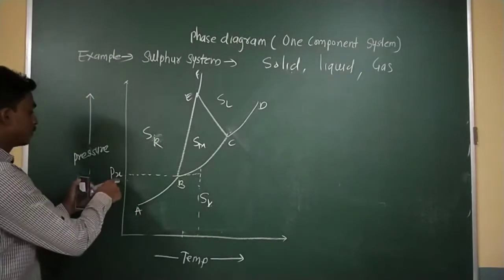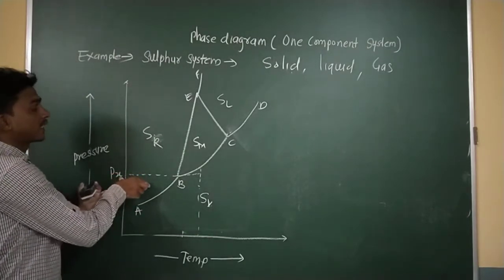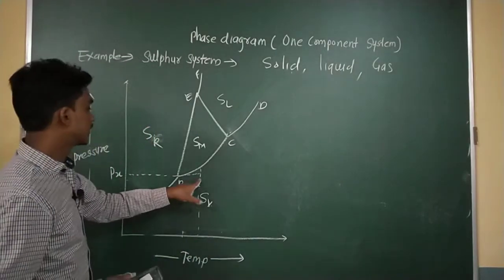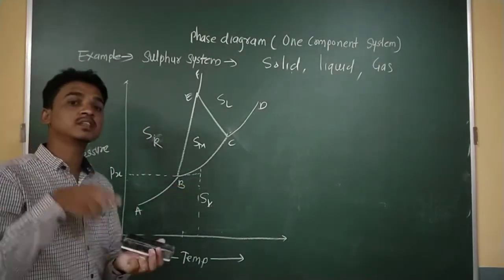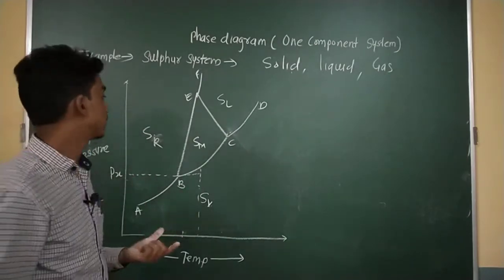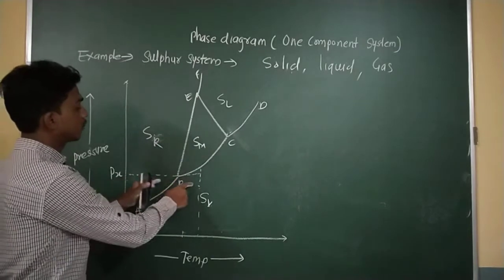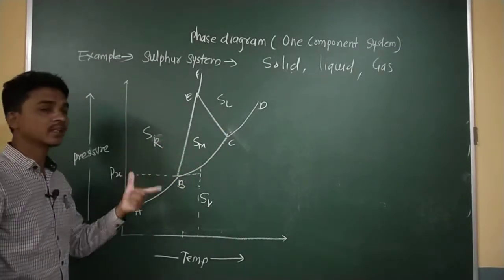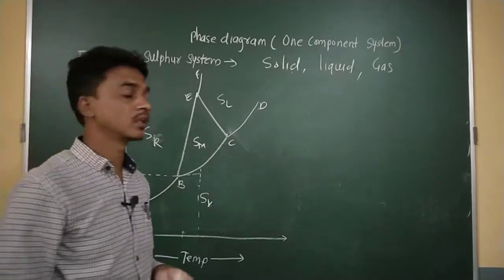So by using this diagram, I can theoretically say that if I increase the temperature of the system and maintain the pressure constant, then rhombic, monoclinic and liquid sulfur exist only in the vapor state.